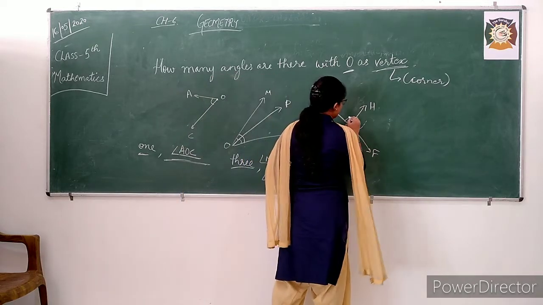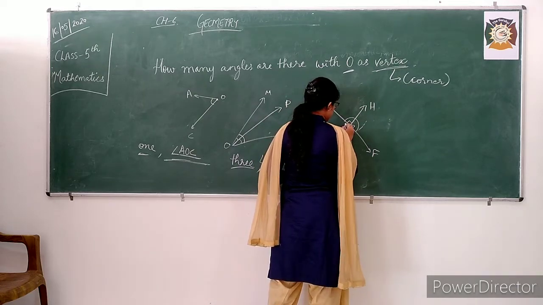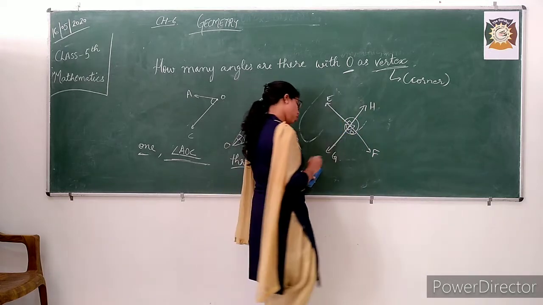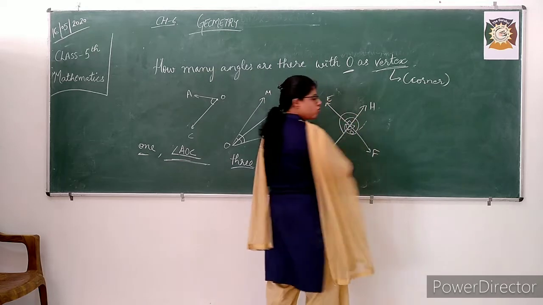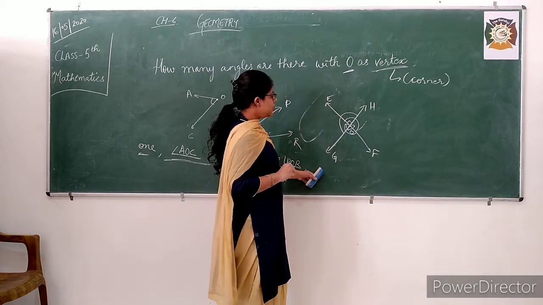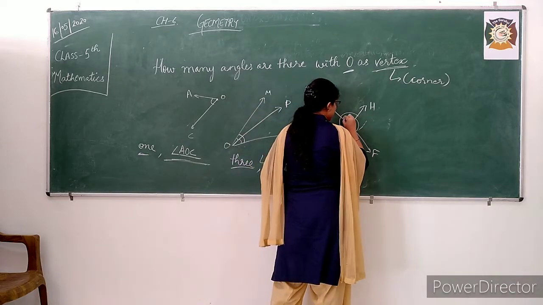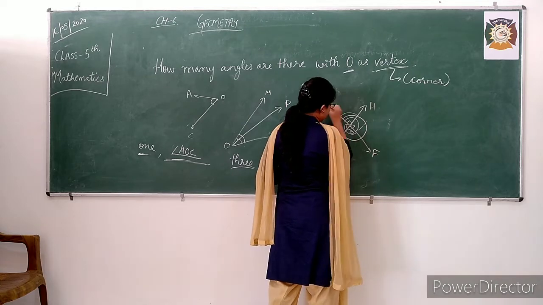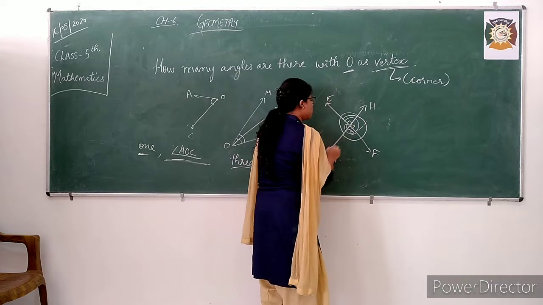That is angle EOF. Again, moving further, you can get GOH also, right? Or if you take three quadrants, you will get this large angle EOG.